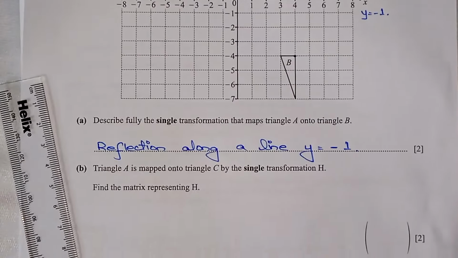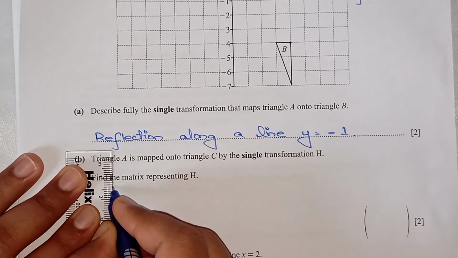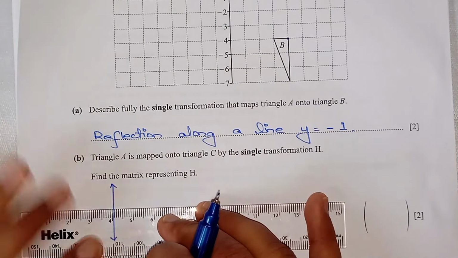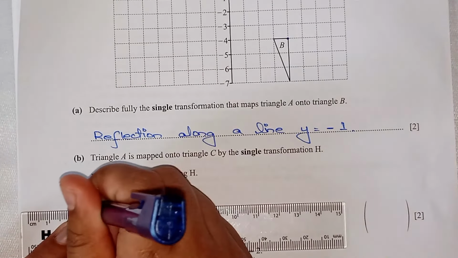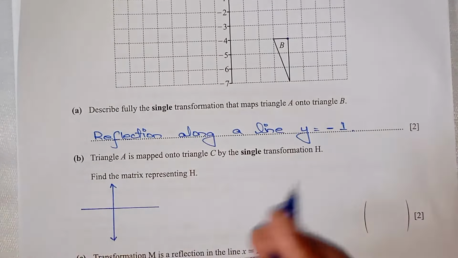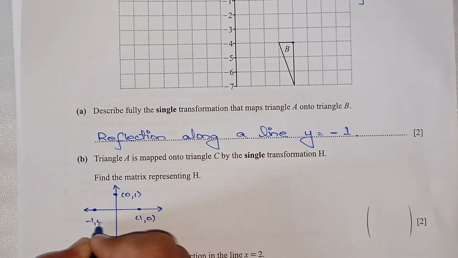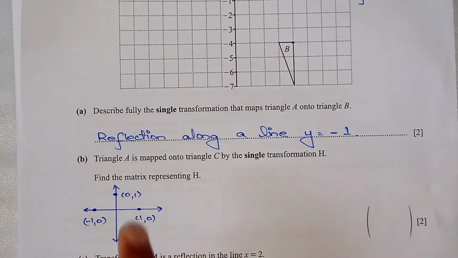So how can we find the matrix? If I can draw the coordinate system over here. Right. If this point is 1, 0, this point is 0, 1, this point is -1, 0. Right, so A is in this quadrant. It is a rotation.